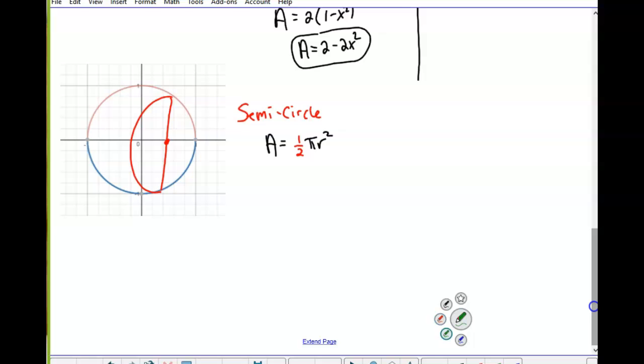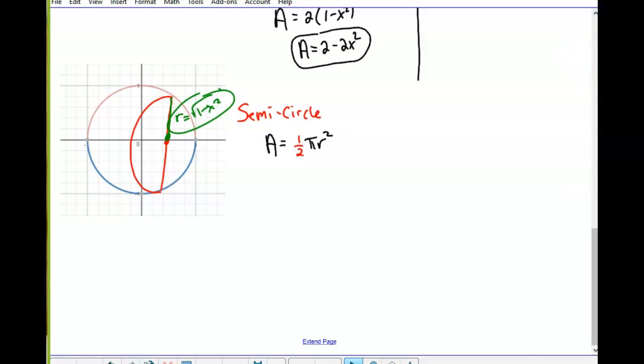Now the only question here then is, what is my radius? The radius is not the same as the side length we had for all the other problems, because the radius is half that value, so it's just the square root of 1 minus x squared. And then it would be the same work, do the volume, the integral from -1 to 1.